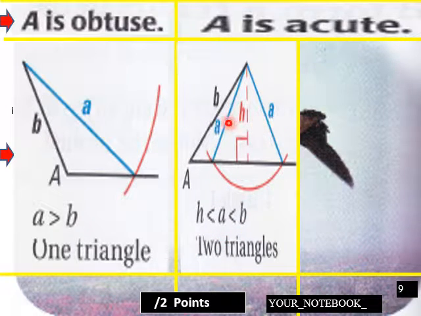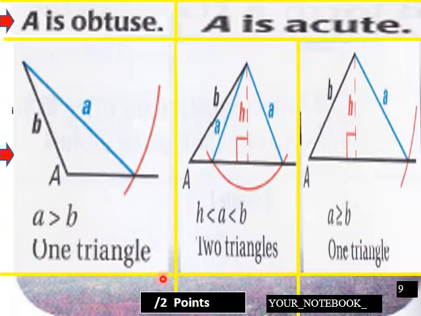So this can flip over here for that possibility when h is less than a, and this can hit anywhere here, including over there, when A is acute. And then when a is greater than or equal to b, you get one triangle here, like an isosceles.